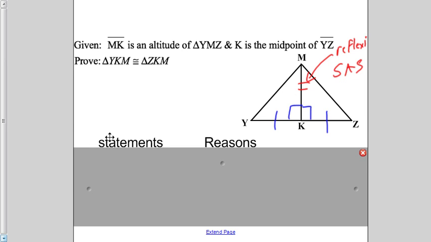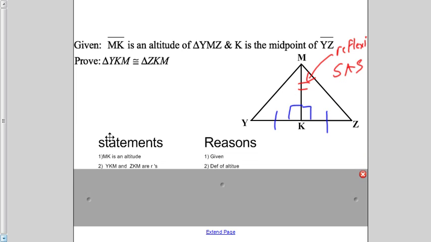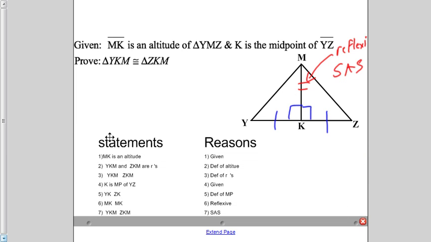So, you've got statements and reasons, right? Statements on one side, reasons on the other. Okay, I know it's really small, sorry. We should have MK is an altitude, given.